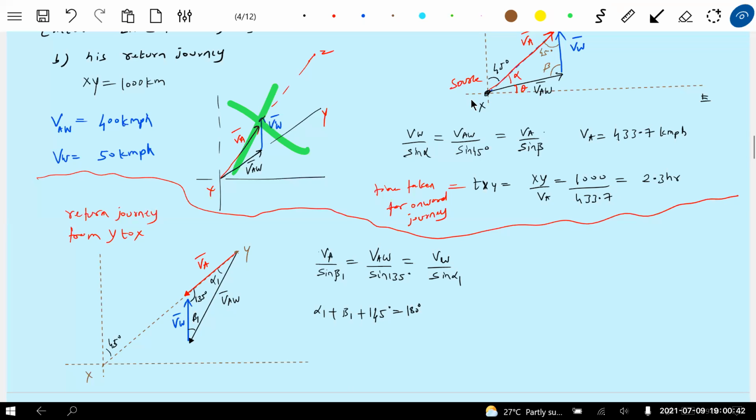Okay, now I'll end up with the answer. I do have the answer luckily for this question. Sir, 135 is which one? Yes, this one. Alpha 1 plus beta 1 is 45 degrees. Oh, sorry, this is 135. I think we can manage.